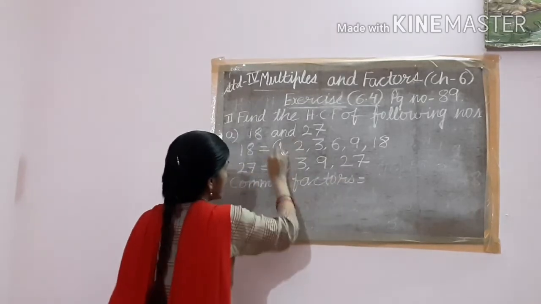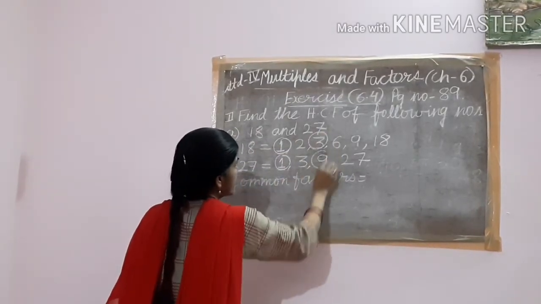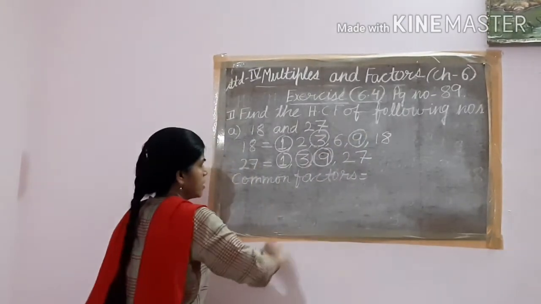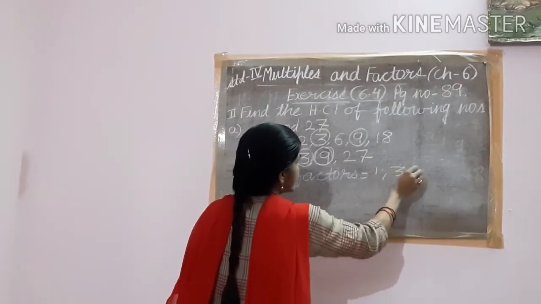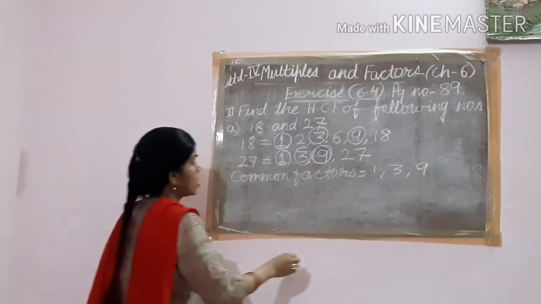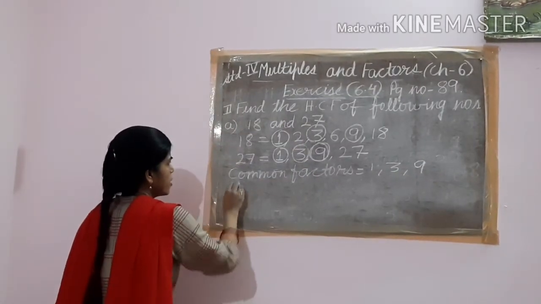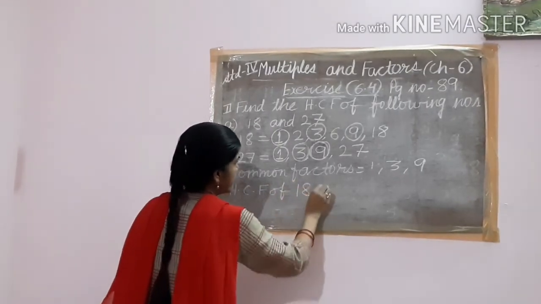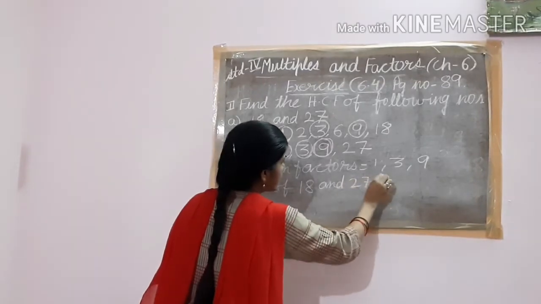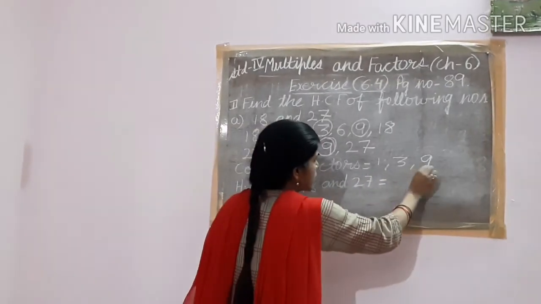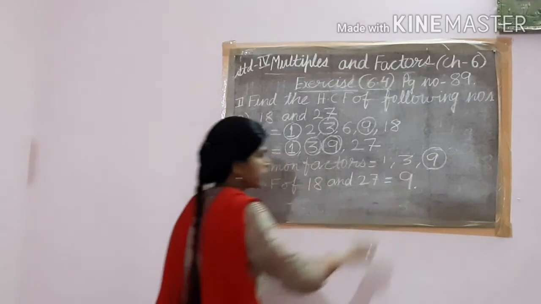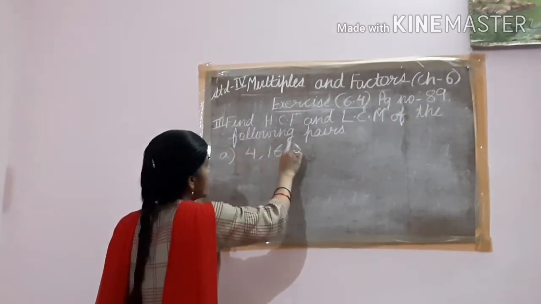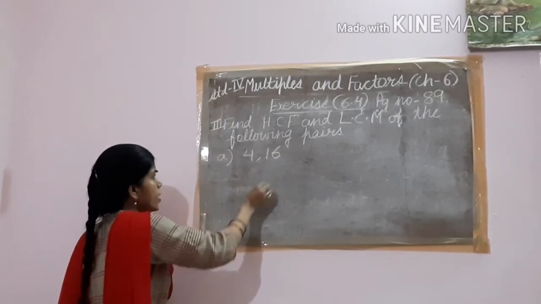The common factors are 1, 3 and then 9. So write down 1, 3, 9. Now what is asked? HCF. The HCF of 18 and 27 is the highest common factor, that is 9. So the answer is 9.